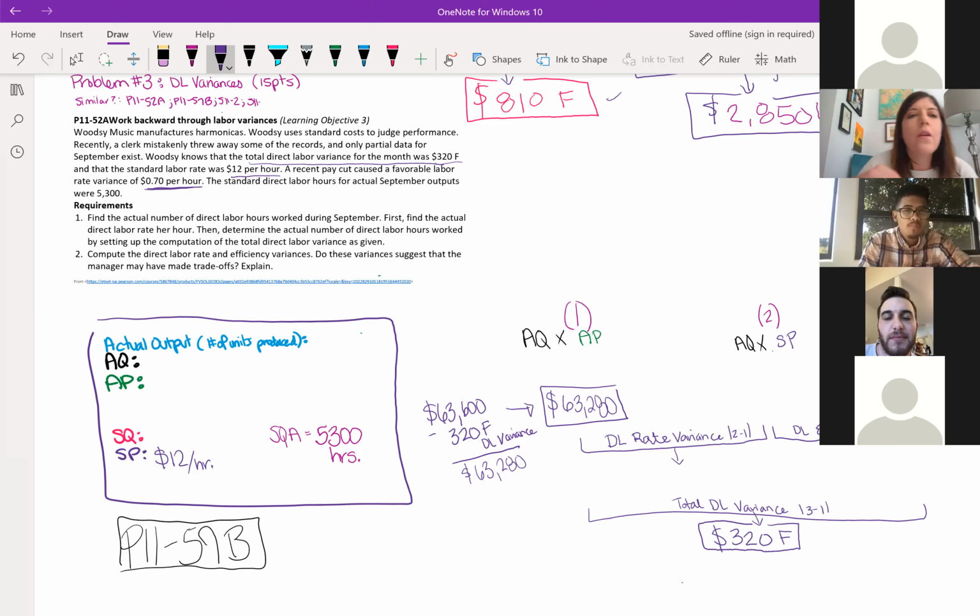Okay. We're going to use that 70 cents per hour to figure out our actual price that we paid per hour.